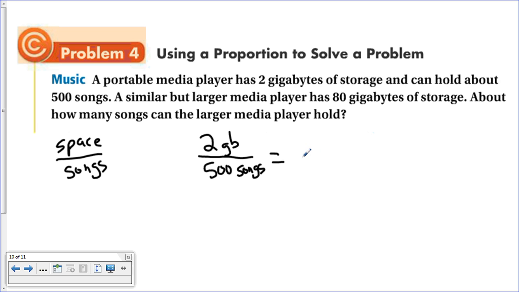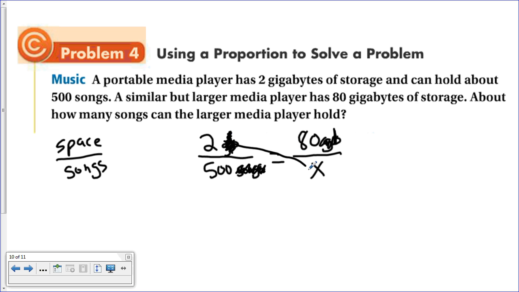Well, we are going to set this equal to another media player that has 80 gigabytes, but we don't know how many songs. So I'm going to use, I don't want that, it's too much like a 5. We're just going to stick to good old x. Okay? Now, you don't always have to write these labels in, but don't forget them either. Okay, you don't want to forget what you're dealing with.